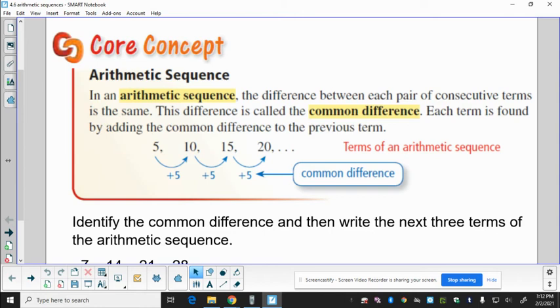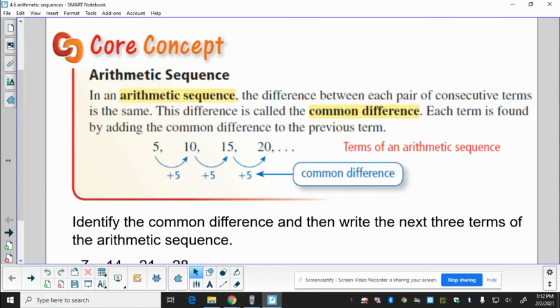If you have at least three numbers listed and they follow a pattern of adding or subtracting the same value over and over again, that's called an arithmetic sequence. If the pattern consists of multiplying or dividing, or a combination of adding, subtracting, multiplying, and dividing, then it's not considered an arithmetic sequence.